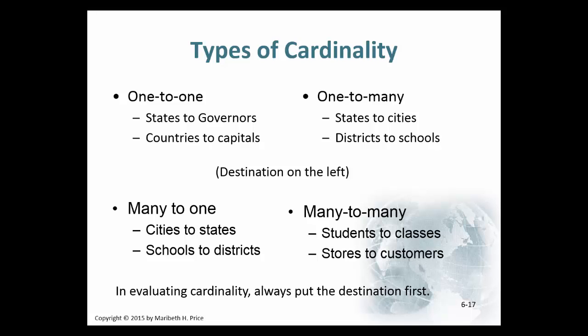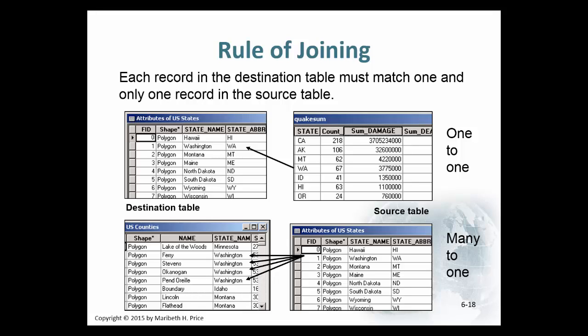These are the types of cardinality of joins that can be accomplished with ArcGIS. The rule of joining is that each record in the destination table must match one and only one record in the source table.